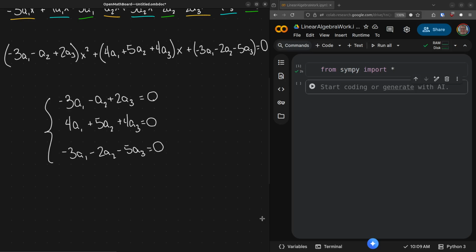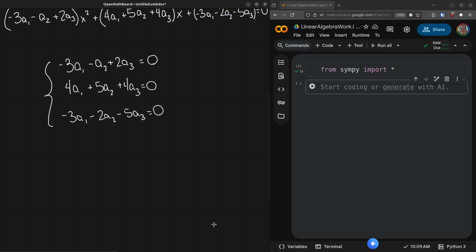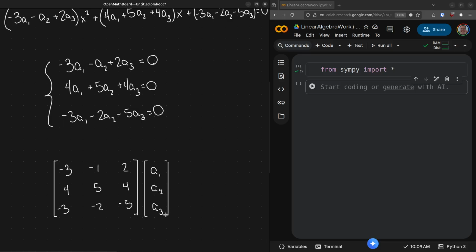I know how to solve a system of linear equations, right? I can grab the coefficient matrix. My variables are a1, a2, a3.